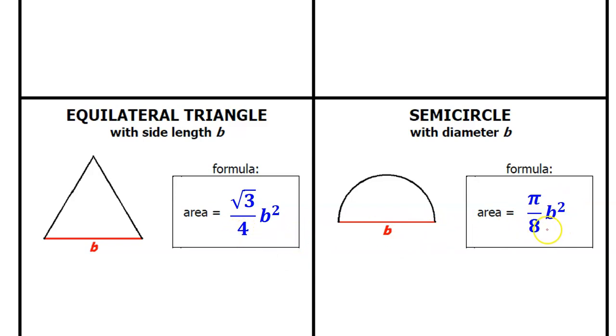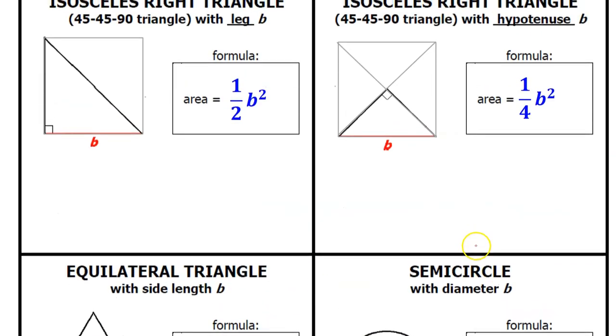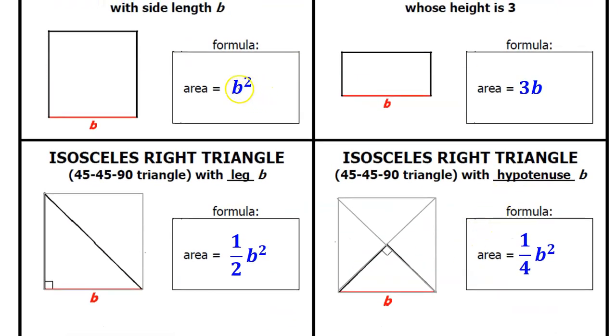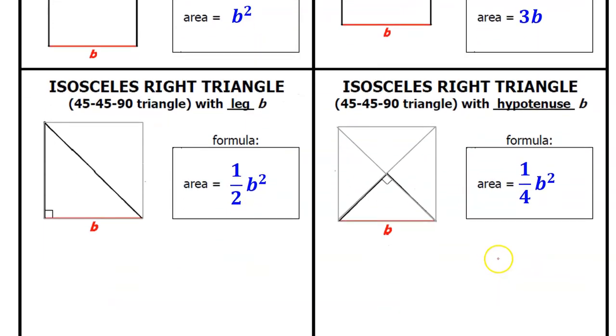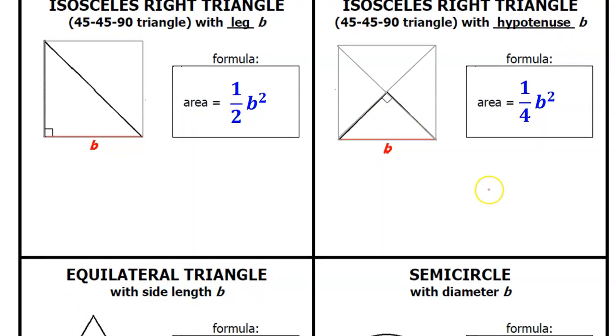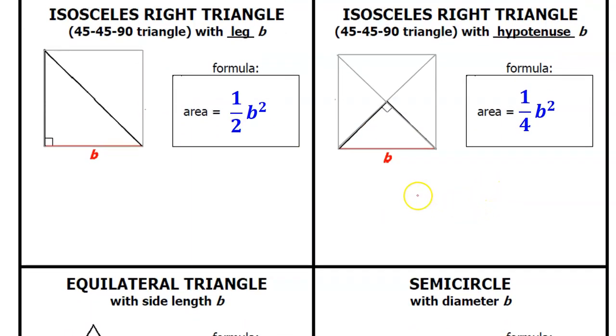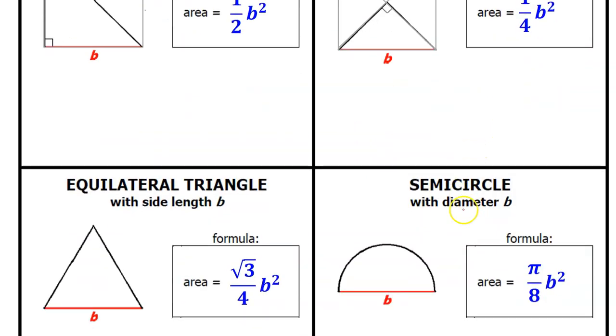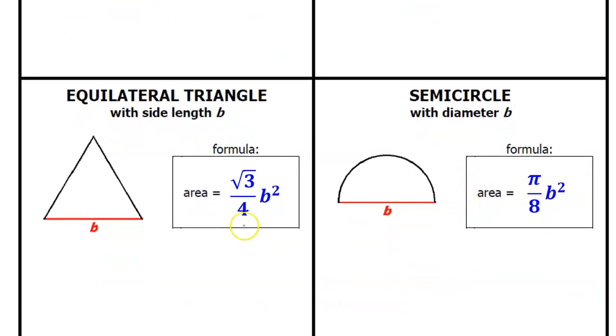So notice that all of these formulas involve b squared, not the rectangle. But the rest of them all involve b squared. So you just need to memorize the correct coefficient that goes in front of the b squared. So pause your screen, write down and memorize these formulas.